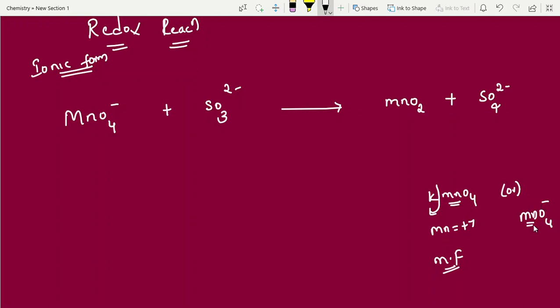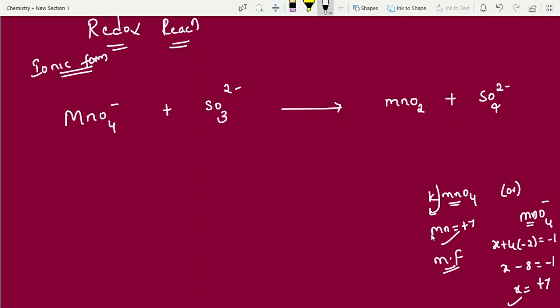Now, if you calculate the oxidation state of manganese here, you don't know manganese. X plus 4 into -2 equal to -1, equate to the charge. Any charged species, we have to equate to the charge. X minus 8 equal to -1, x equal to +7. Here also +7, there also +7.